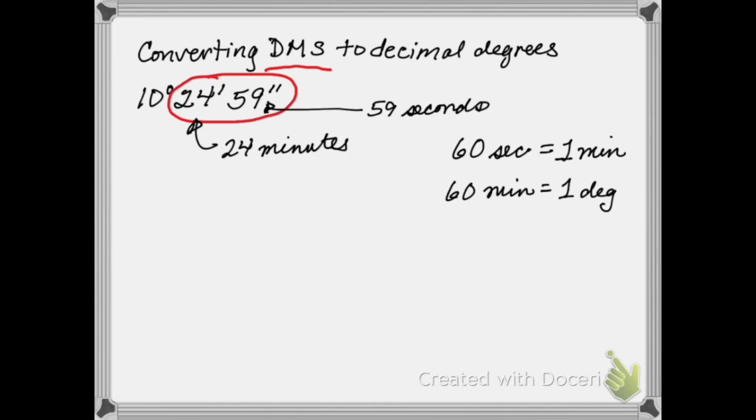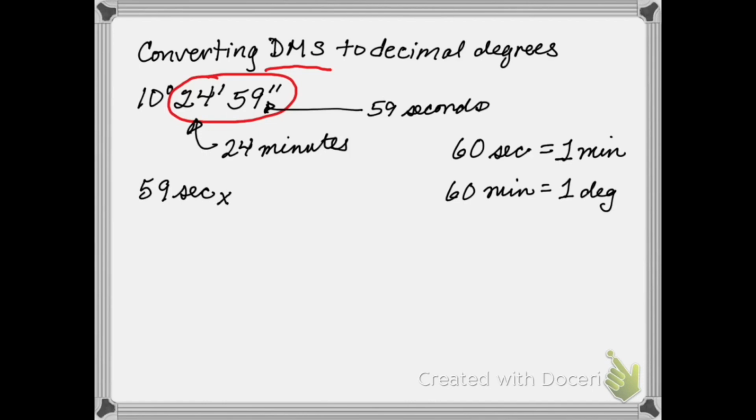But I'm going to go ahead and do it, taking the 59 seconds, and since there are 60 seconds per 1 minute, I'm going to convert these 59 seconds to minutes. The way I'm going to do that is by what I would call unit agreement.